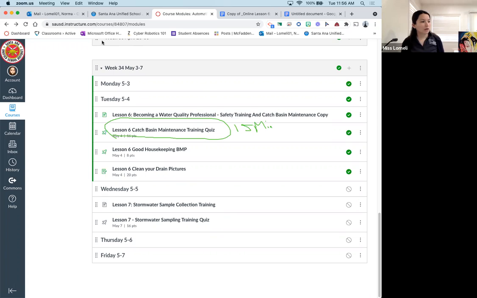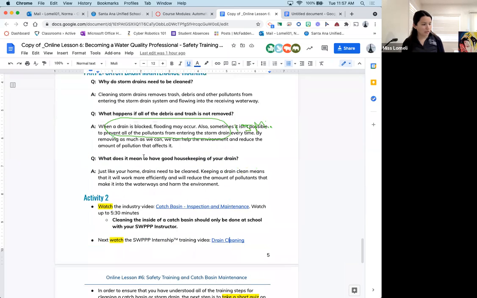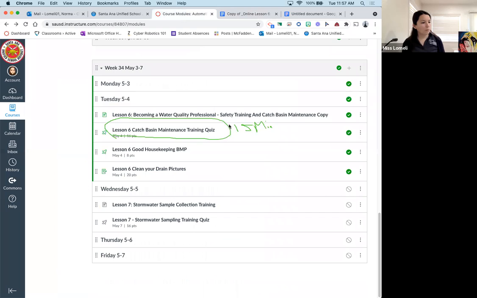You can also go back and read the discussion questions and answers on this document on page 5. Those might help you. I'm going to set my timer right now for 15 minutes. It will ring at 12:12. At 12:12 p.m., I will go over your next assignments. Okay, you have 15 minutes to do that.